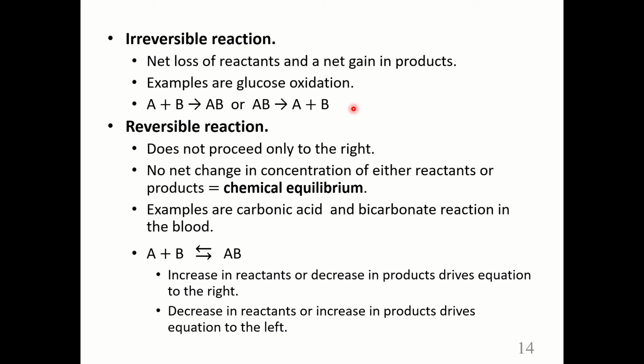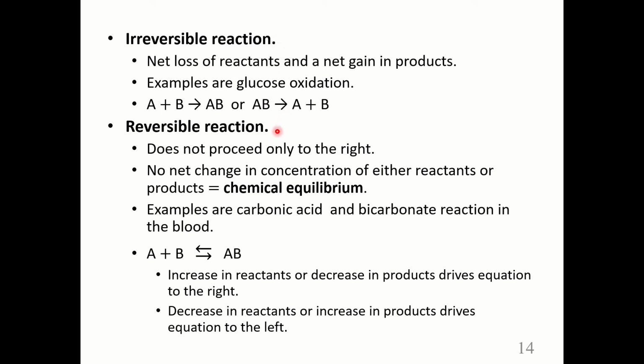In glucose oxidation, we're breaking molecules apart, such as glucose, and we'll end up seeing an increase in the amount of products from glucose oxidation, but at the expense of the glucose itself. We will see a decrease in the amount of glucose. This is why we have to continue to eat. So this is an irreversible reaction.